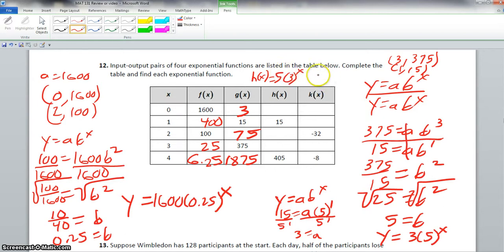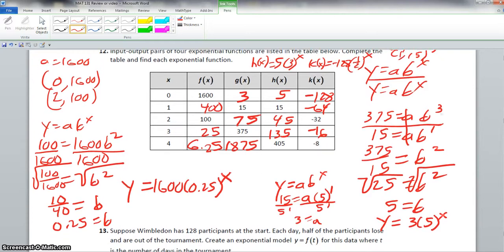And then for k of x, the formula is negative 128 times 1/2 to the x. And when we substitute in our values, we have 5, 45, and 135. Then we will have negative 128, negative 64, and also negative 16. Now again, the same process you use to get the g of x formula, you'll use for h of x and also for k of x.